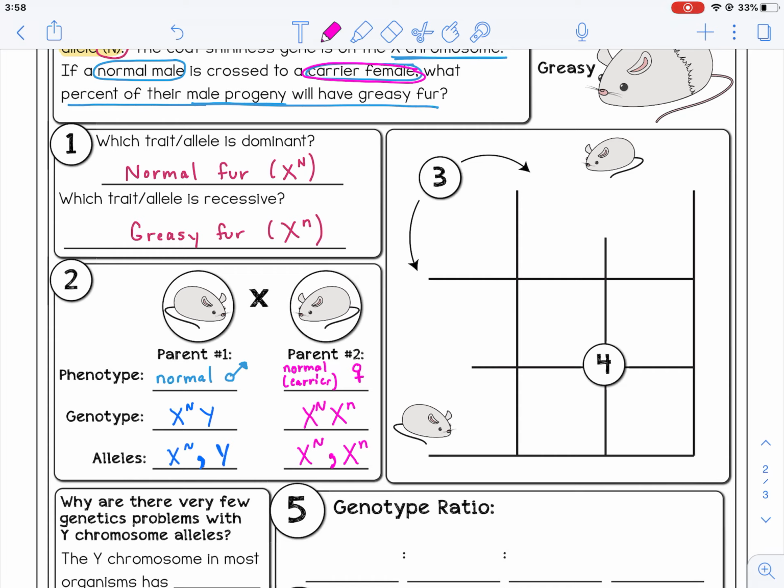Okay, so now let's do our Punnett square. So we have our carrier female mother, which means she is big N, little n.